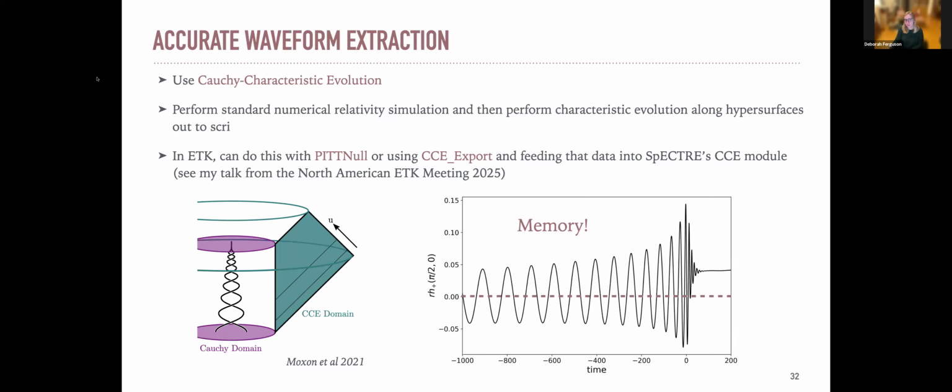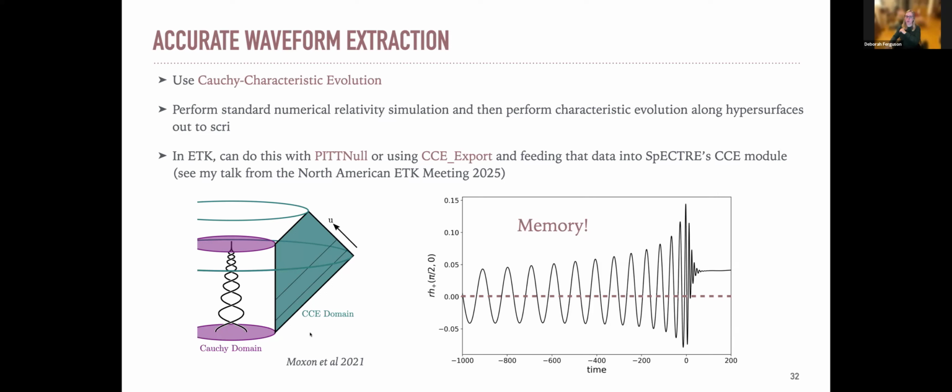And you can do this with a method called Cauchy characteristic evolution, shown here on the left. What that means is Cauchy is our normal numerical relativity simulation, and then we dump the metric data on a world tube.